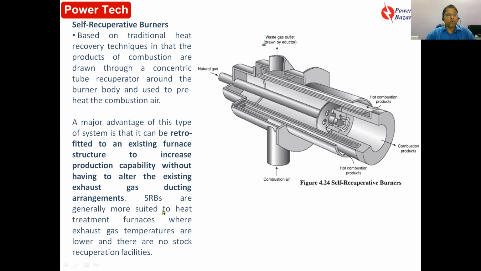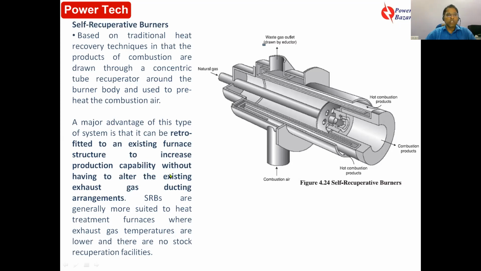Now, SRVs are more suitable for heat treatment furnaces where exhaust gas temperatures are lower and there are no stock recuperation facilities. So these are basically suited for low temperature applications or heat treatment furnaces.